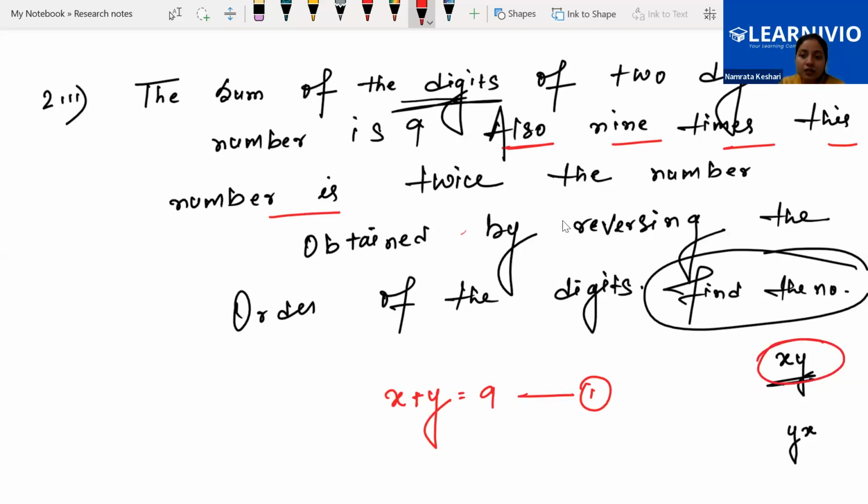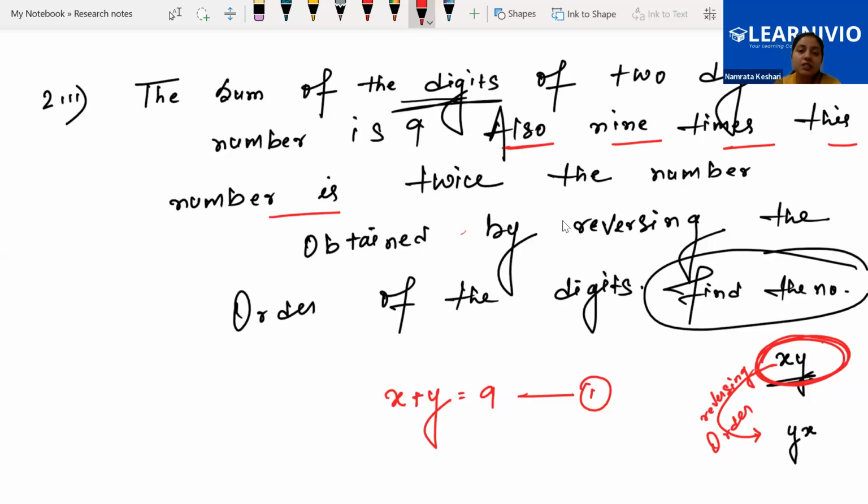Reversing the order means xy is going to become yx. When we change the places, the tens place digit we keep at ones place, and the ones place digit we keep at tens place. This is how we reverse the order, and xy will become yx.